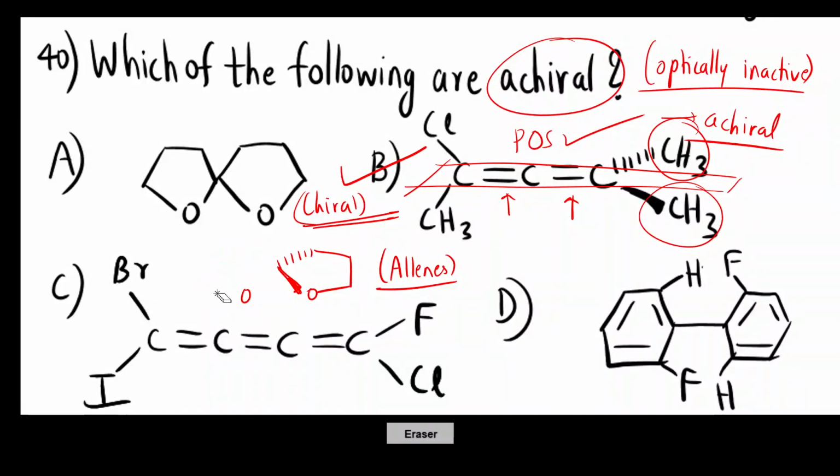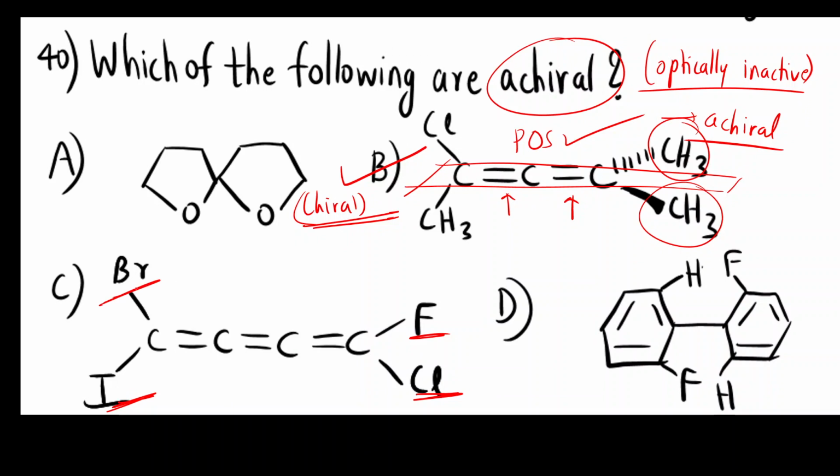C option, if we see, if you have seen that all the four groups are different, and if you have marked that this is a chiral compound, then that is going to be incorrect. Why? Because you have to remember, whenever an odd number of double bonds are present, a molecular plane is present in the system.